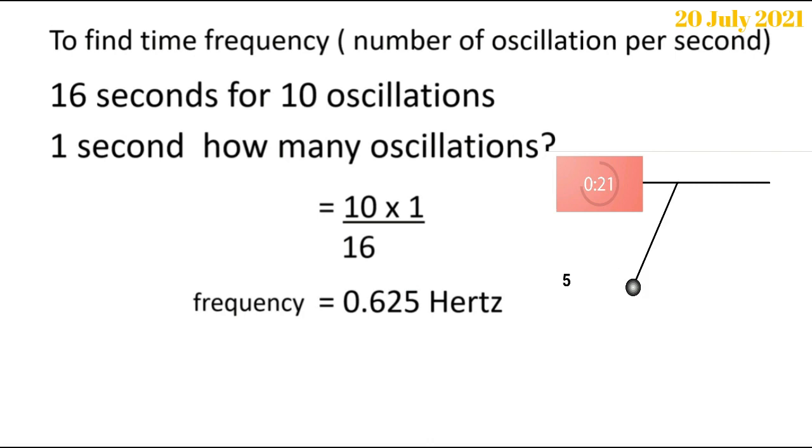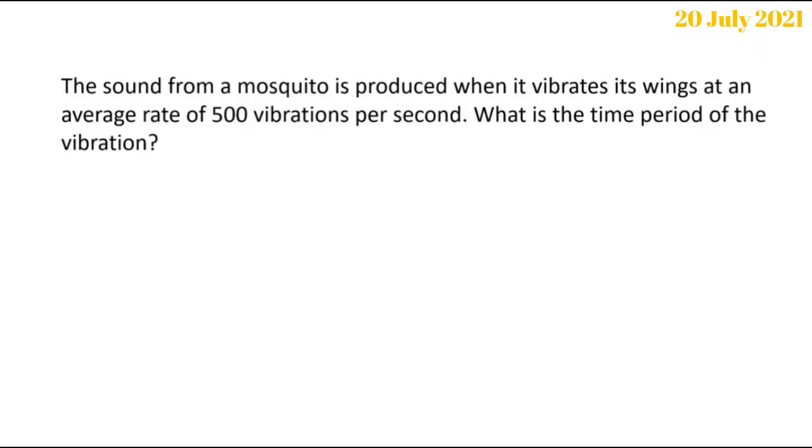But in the exam, you may find questions like this. The sound from a mosquito is produced when it vibrates its wings at an average rate of 500 vibrations per second. What is the time period of the vibration?